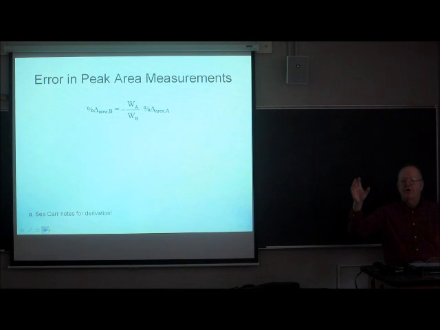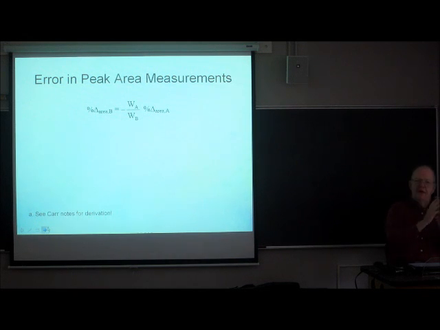If you think about the total area of two peaks which are overlapping, if you make an error in the measurement of one peak, in the area of one peak, it has to be related to the error that you make in the other peak, because the two peaks have to add up to the same thing no matter where you take the cut point. So that works out to the following result.